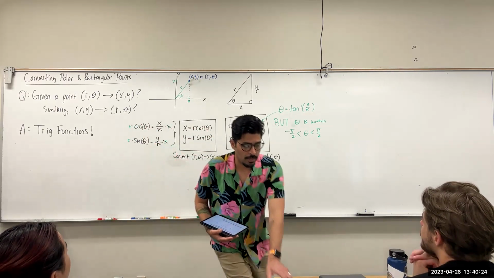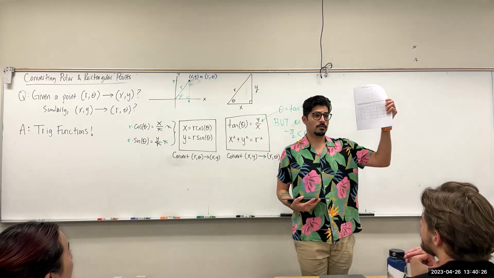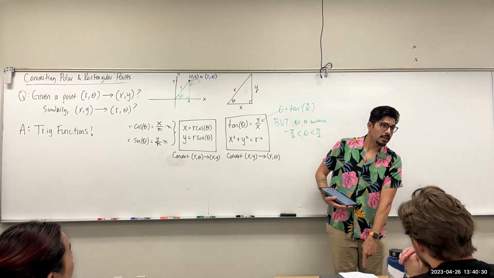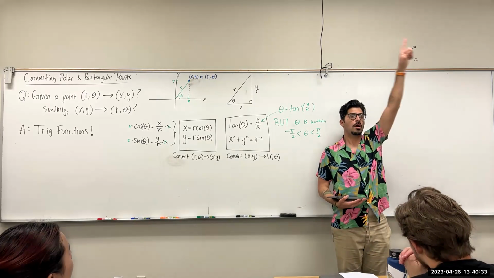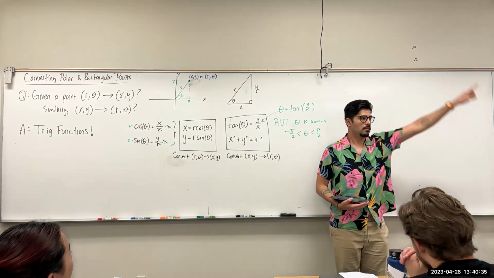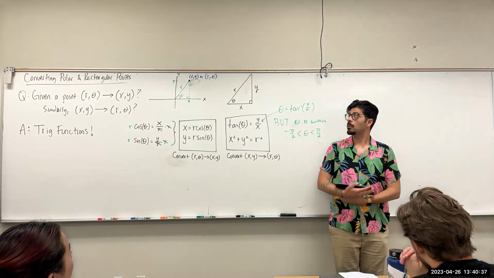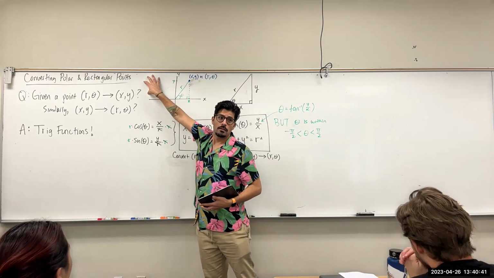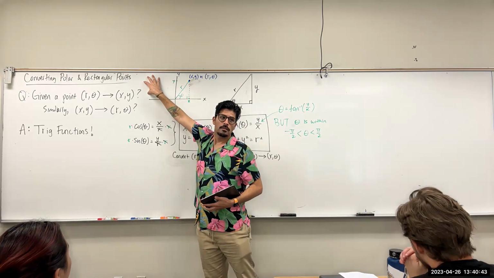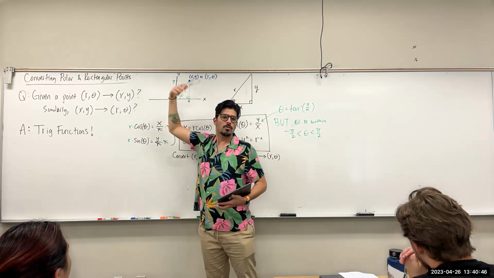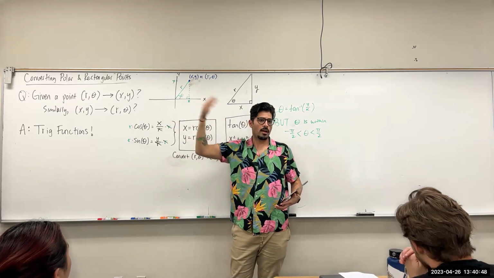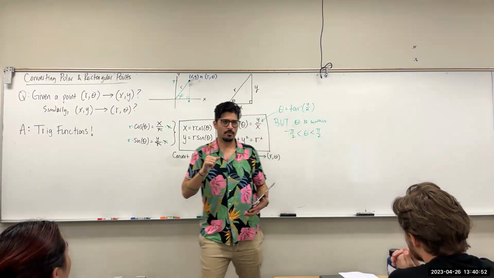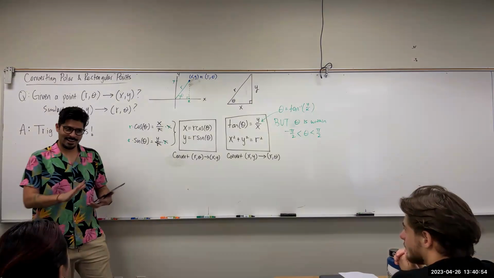So as you saw on the worksheet, if I use an angle from negative 90 to positive 90, what quadrants does that cover? Only 1 and 4. But what if you have a point located somewhere over here? Then you use a negative r. You have to consider, do I want my r positive or do I want my r negative? We'll do examples.